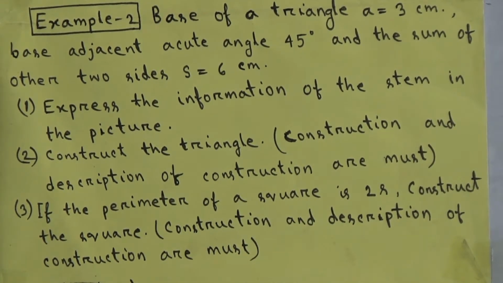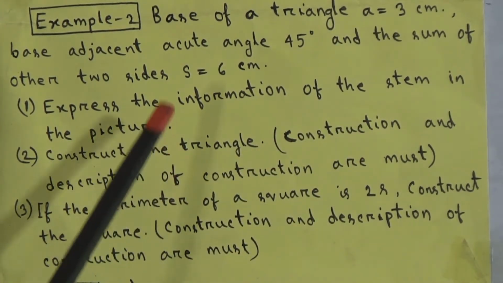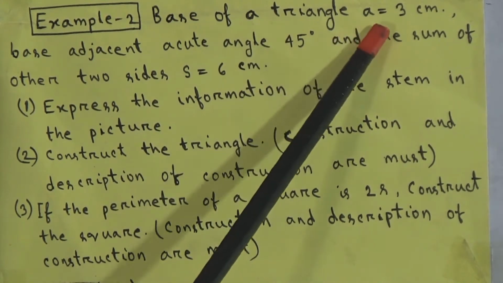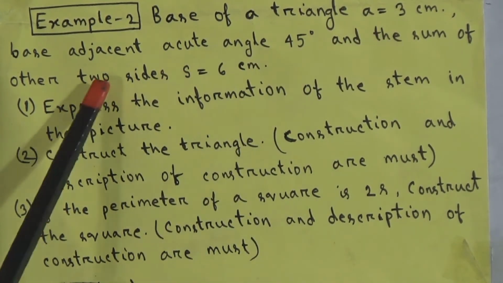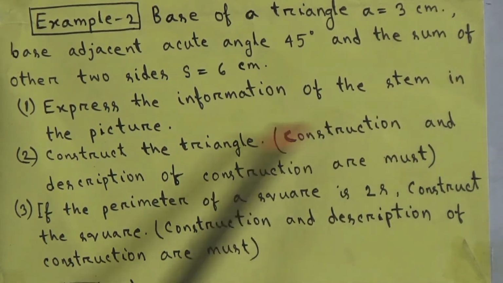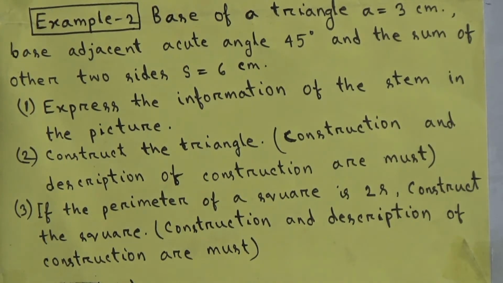Okay, at first we will solve number 1. Express the information of the stem in the picture. In the stem, it is said that the base of a triangle is A equal to 3 centimeter, base adjacent acute angle 45 degree, and the sum of other two sides is equal to 6 centimeter.